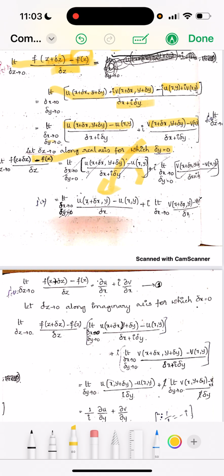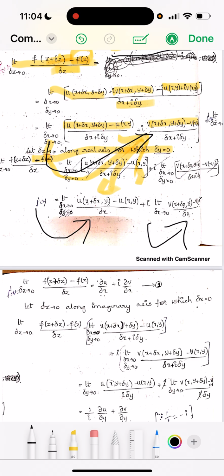Only thing, this limit you will put inside. You can see here clearly, for u there is a limit, for i there is a limit. And write down the same thing, f(z + δz) minus f(z) is ∂u/∂x + i ∂u/∂y.